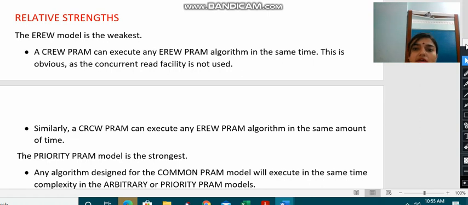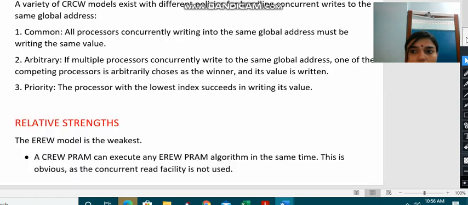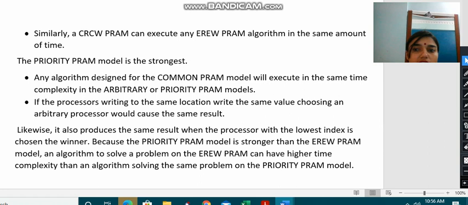This is obvious as the concurrent read facility is not used. Similarly, a CRCW PRAM can execute any EREW PRAM algorithm in the same amount of time. And the priority model is the strongest one.